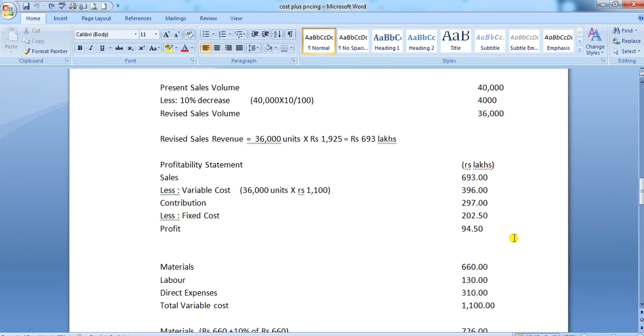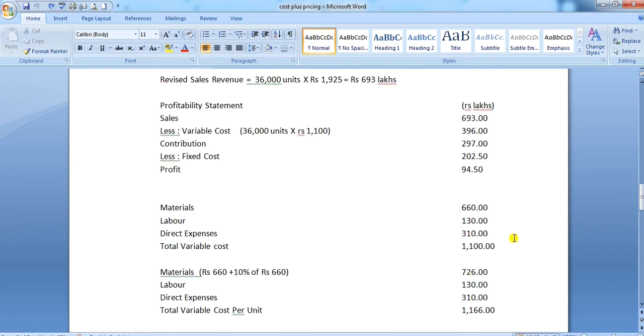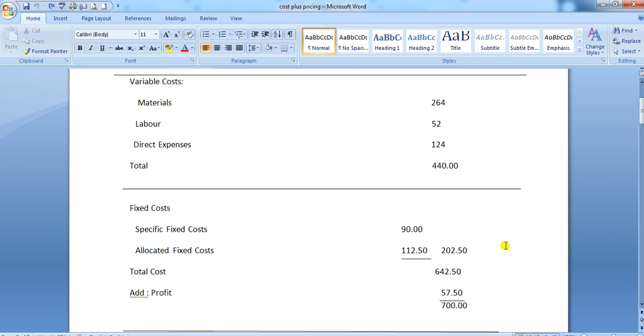Okay, now what is the materials cost according to the revised sales volume? We have got overall variable cost as 396 for 36,000 units. So with this we derived per unit variable cost as 1100 rupees. Okay, now total variable cost is 440 lakh rupees.